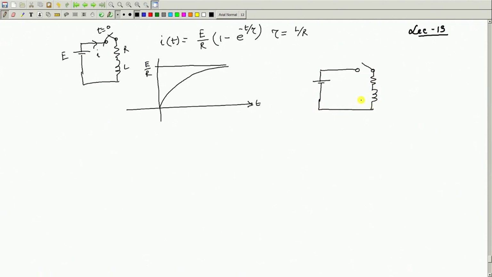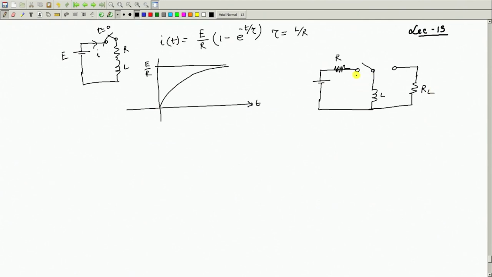This is the same circuit, but here I make an arrangement where I connect a similar circuit. Here is a resistance R, here is an L, and here is a load resistance R L.